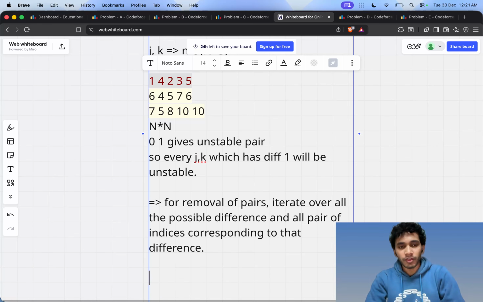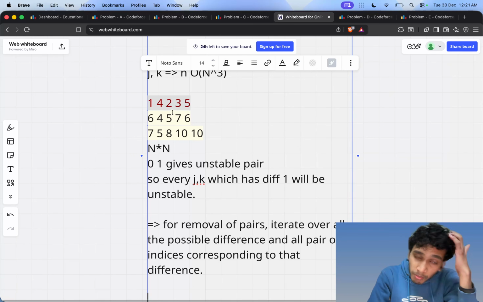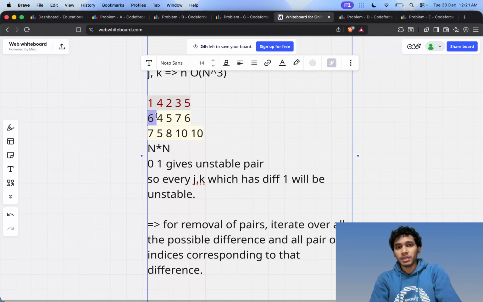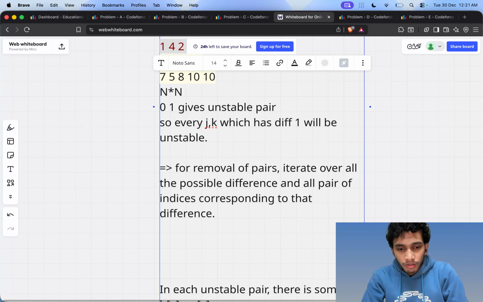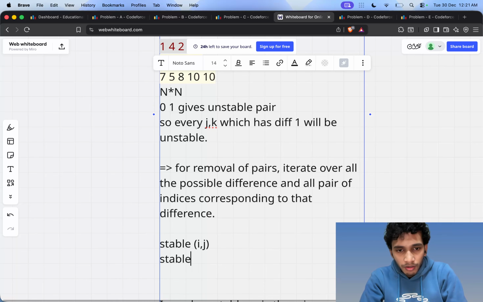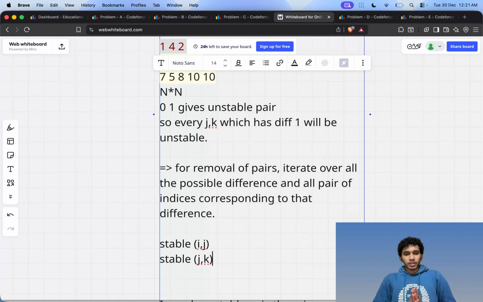After this removal, we will be left with all the possible j's and k's that are stable in themselves. Now do the same operation for i and j. How many pairs of i and j are unstable? Remove them. So we got stable ij pairs and stable jk pairs. Using this operation, we removed all the unstable pairs from all possible pairs.